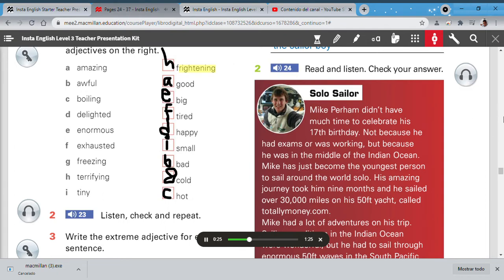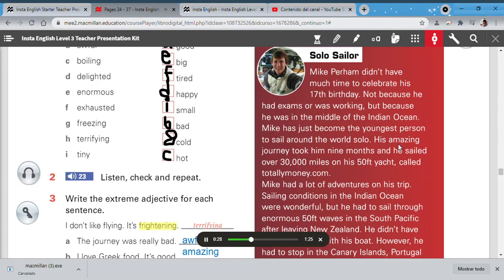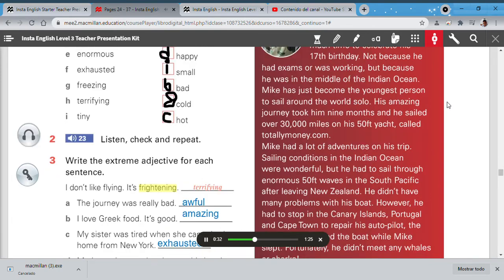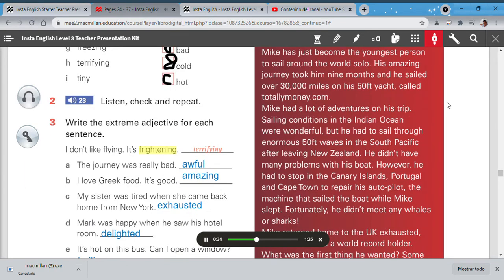His amazing journey took him 9 months, and he sailed over 30,000 miles on his 50-foot yacht called TotallyMoney.com. Mike had a lot of adventures on his trip. Sailing conditions in the Indian Ocean were wonderful, but he had to sail through enormous 50-foot waves in the South Pacific after leaving New Zealand.